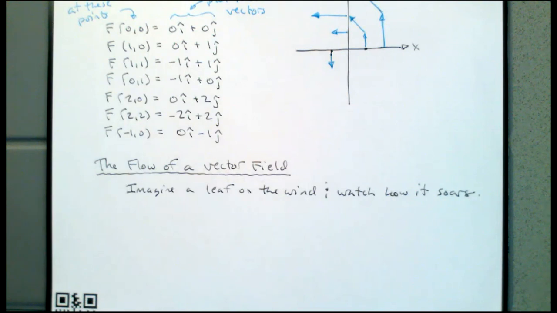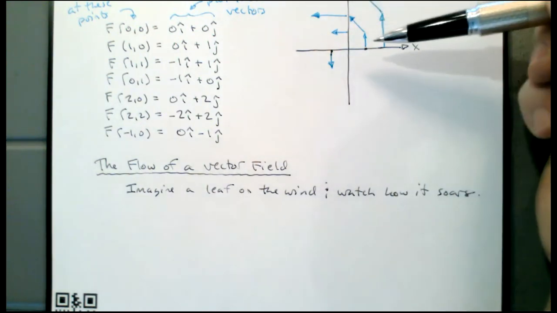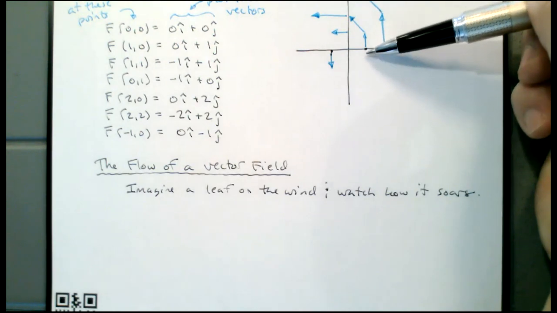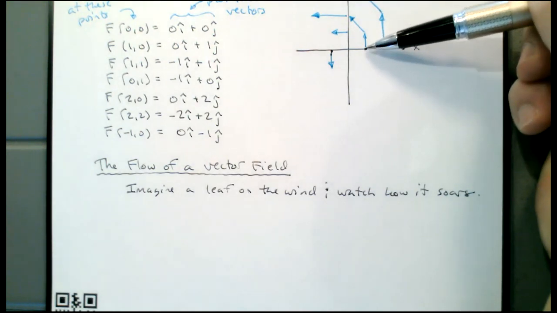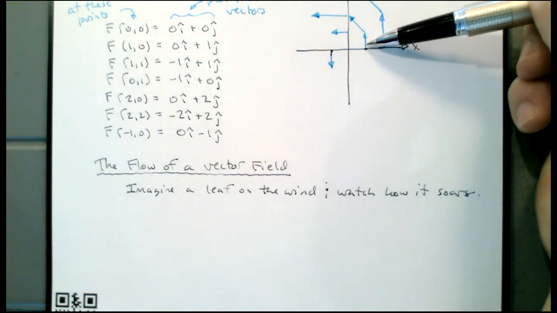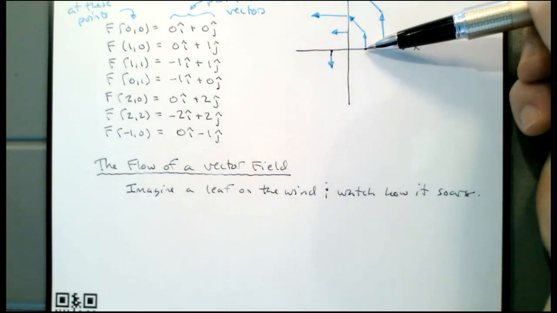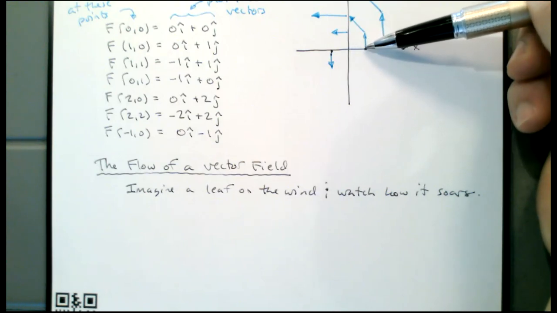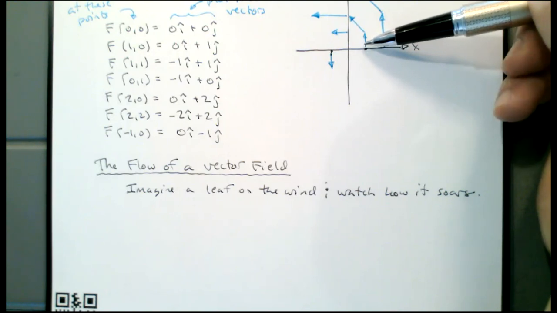As the leaf moves, we have to reevaluate the vector field to find out what direction the leaf is going at that point. So at the point (1, 0), the leaf is moving vertically. So it moves up a little bit, but as soon as it moves up a little bit, let's say 0.1 later, it's going to start moving to the left because now the y coordinate is positive and we'll have minus y times i becomes a term. And so we start moving to the left.